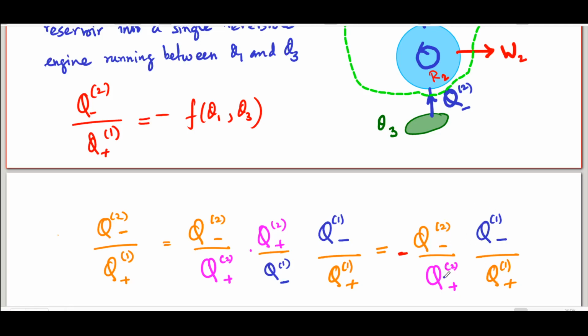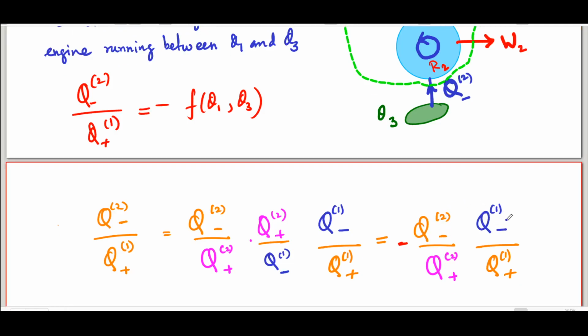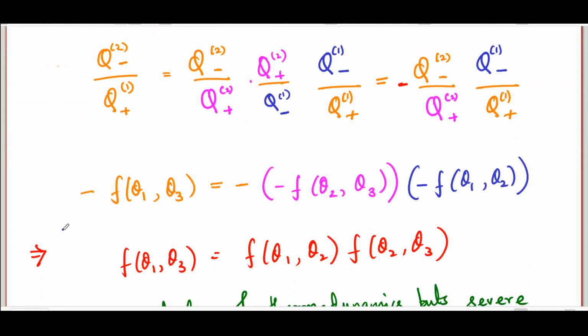These are also heat taken ratios from the two reservoirs of two specific Carnot cycles. And so what you get is minus f of theta 1 comma theta 3. This ratio here is negative, minus f of theta 2 comma theta 3, that's for Q2 minus by Q2 plus, and minus f of theta 1 comma theta 2 from this one. So the function f is not just an arbitrary function.